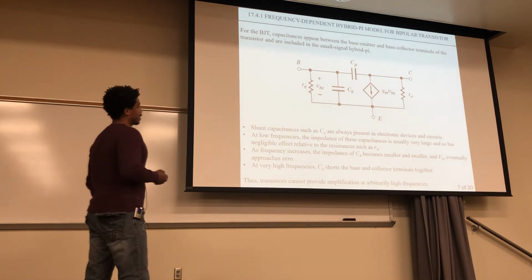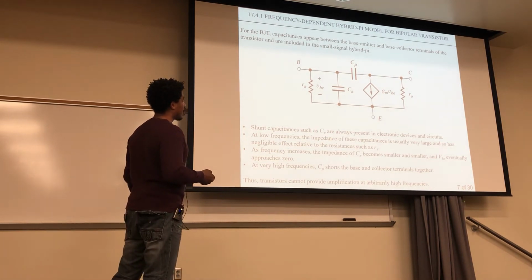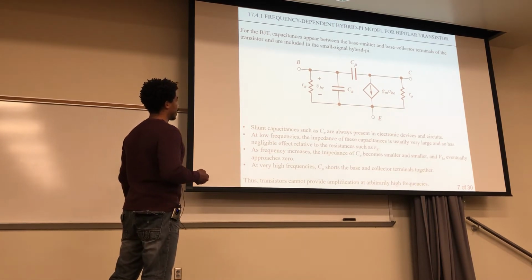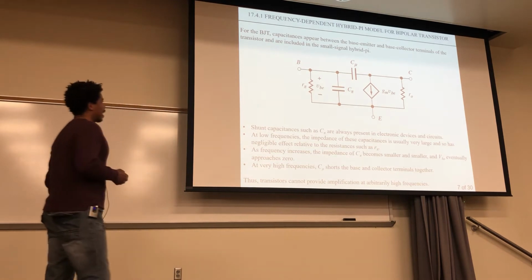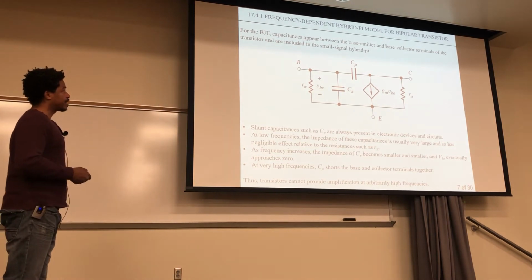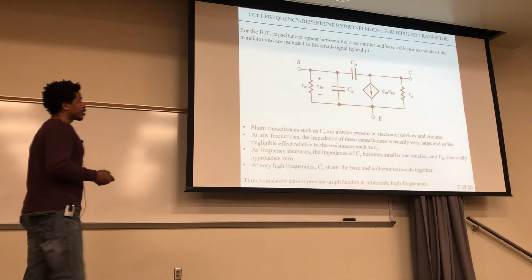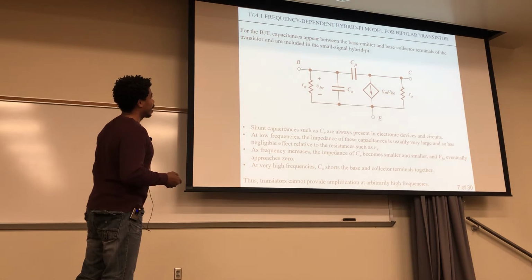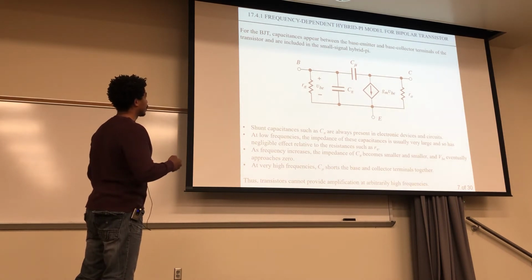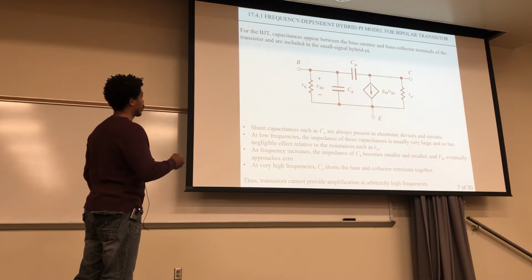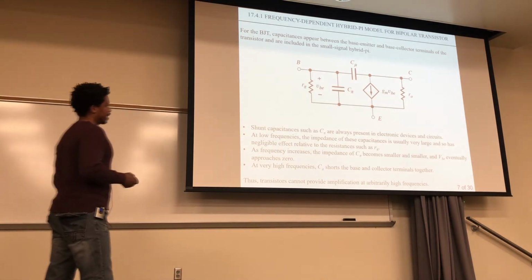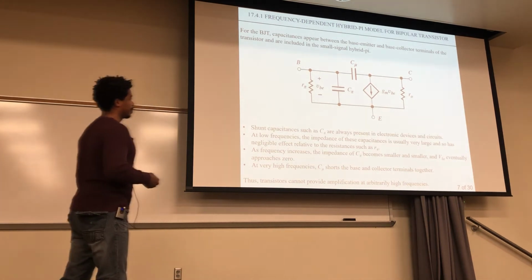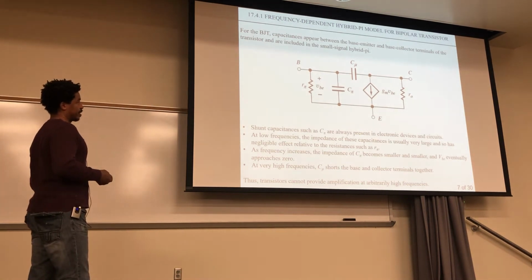As frequency increases, the impedance of C pi becomes smaller and smaller, and the voltage between the base and the emitter eventually approaches zero. At very high frequencies, C mu shorts the base and the collector terminals together. The whole idea of going through that analysis is to convince you that transistors cannot provide amplification at arbitrarily high frequencies because of these inherent capacitances.